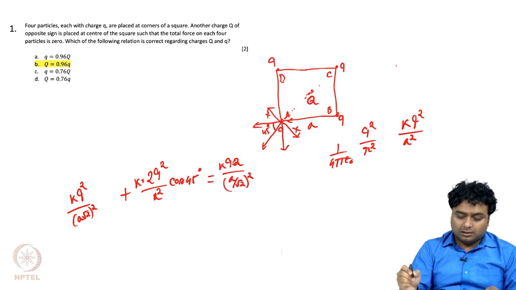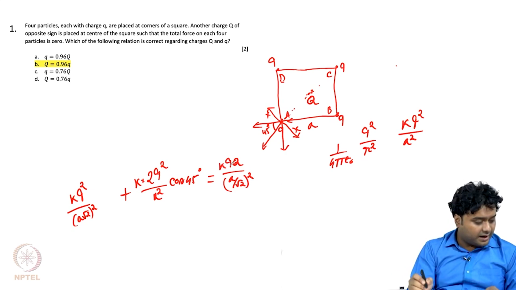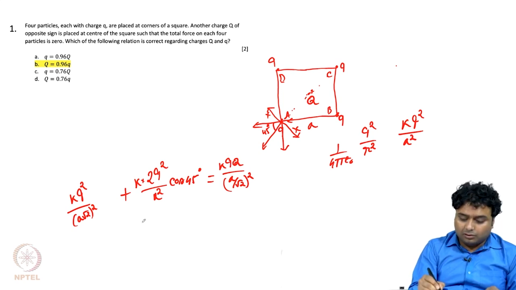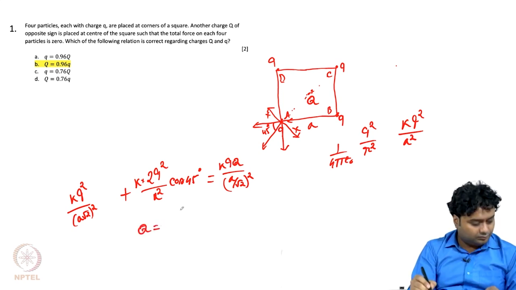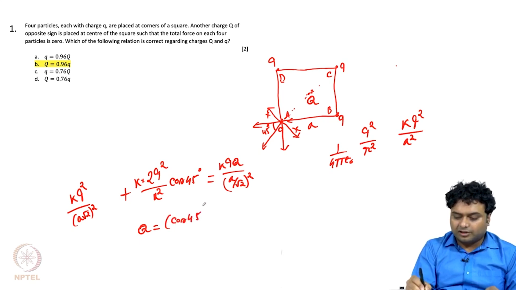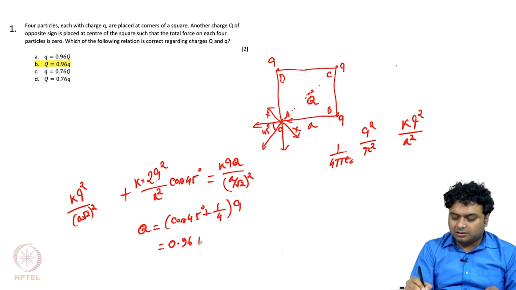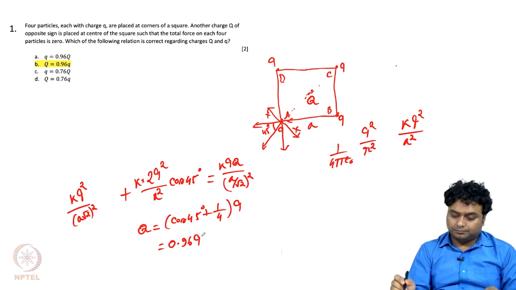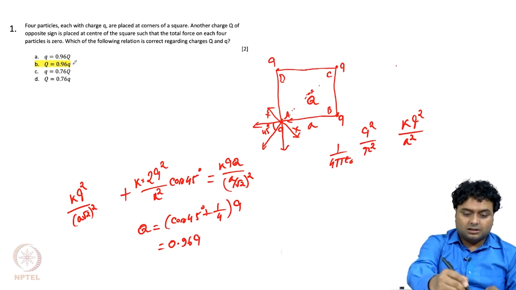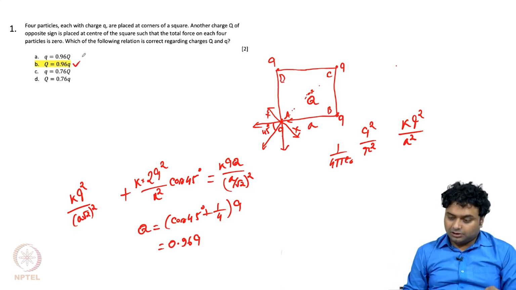Then k will get cancelled, and if you equate both sides, you will get Q equal to the quantity cos 45 degree plus 1/4, times small q, and that equals 0.96 of small q. So this is the correct answer using simple Coulomb's law.